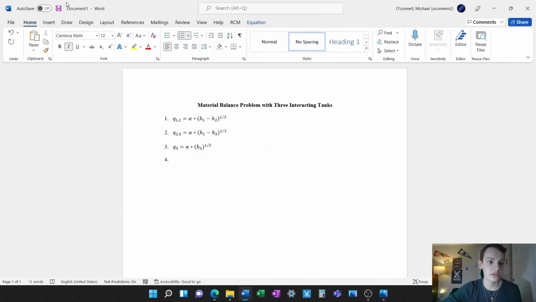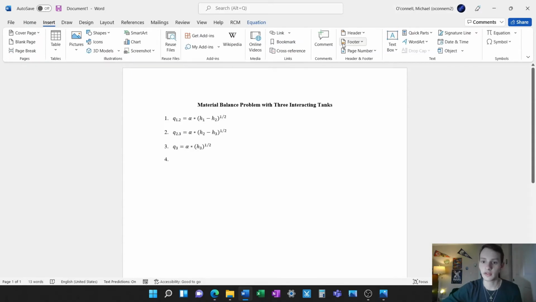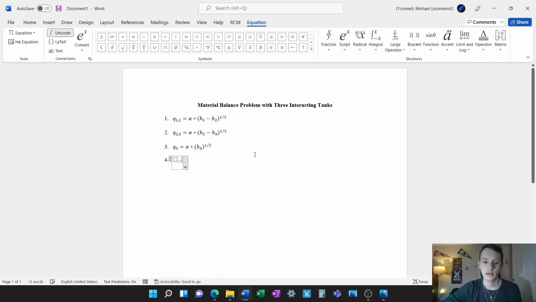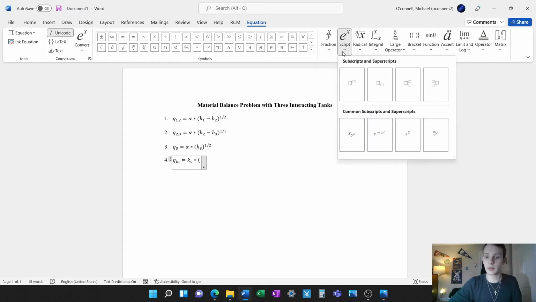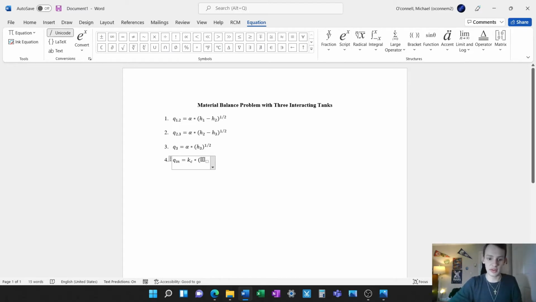So let's try to make an equation for this. What is this exactly going to look like? So this would be Qn, and it says our proportionality constant, they call it Kc. Don't want an exponent, we want a subscript there. So Kc times the difference between our set point, and I said that was going to be HSP.